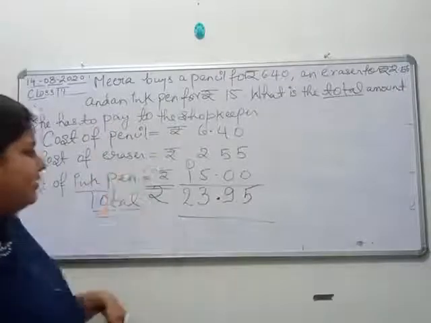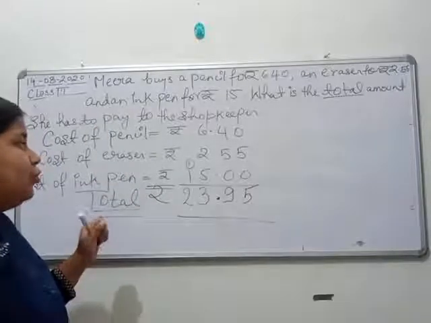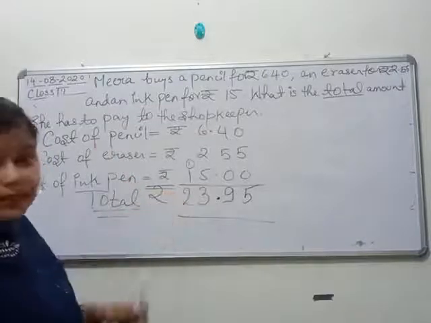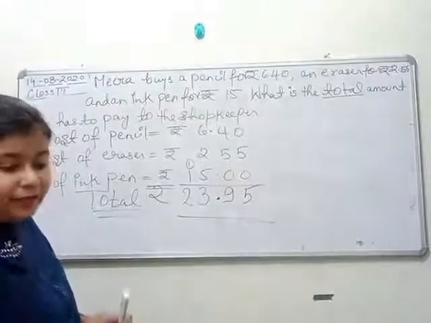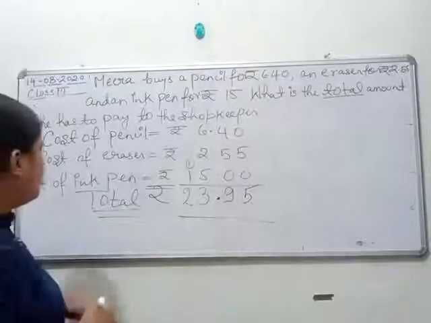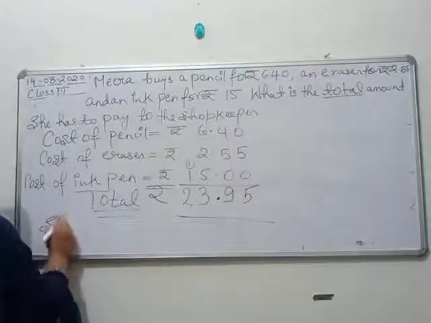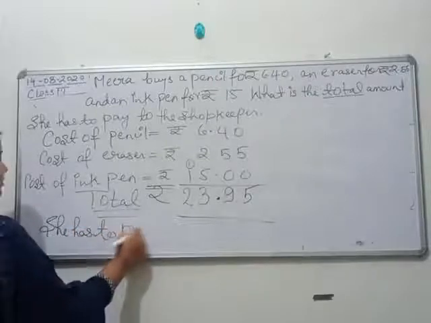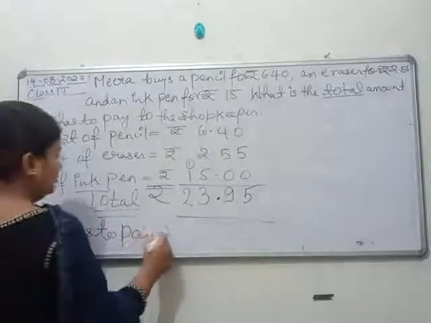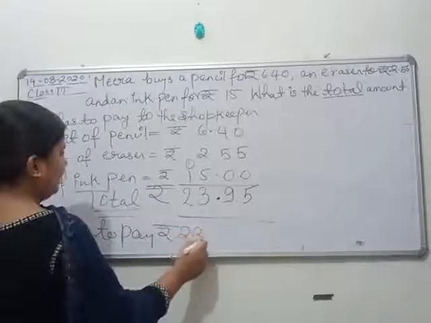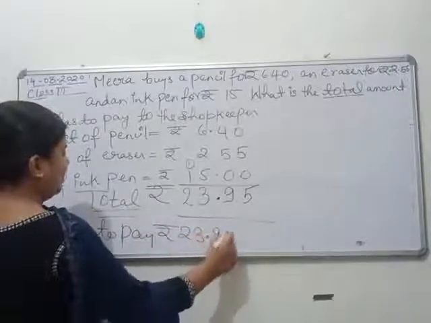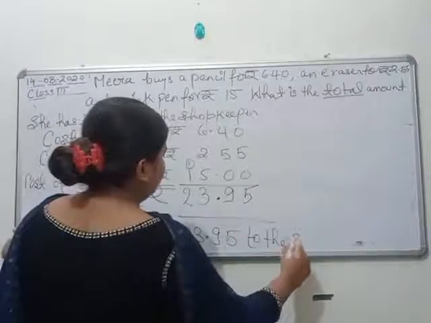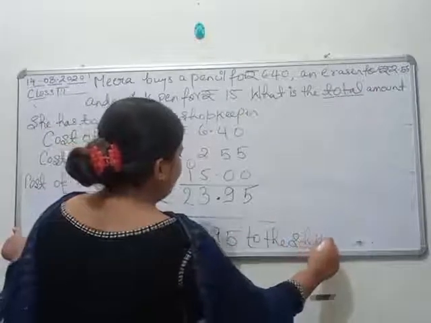And then add these amounts. Adding them you will get 23 rupees and 95 paise. So she has to pay 23 rupees and 95 paise to the shopkeeper.